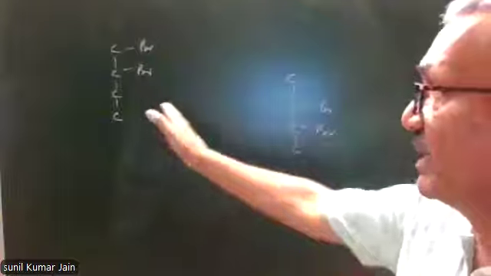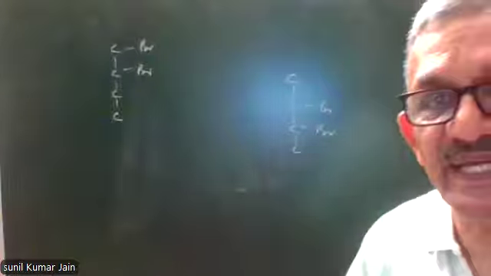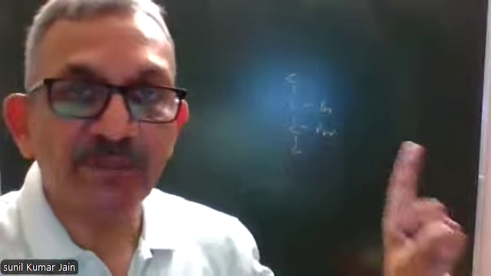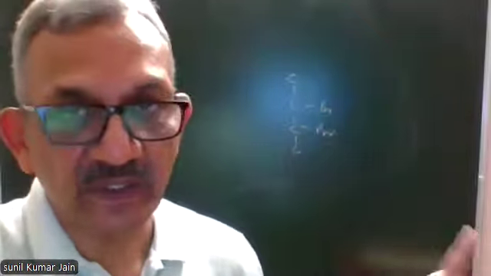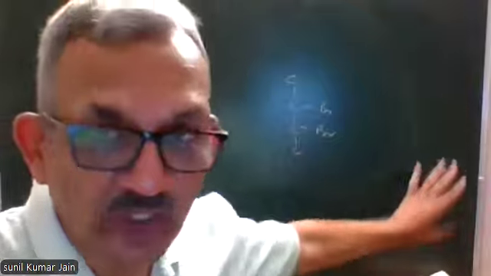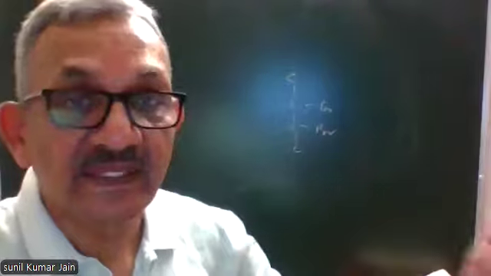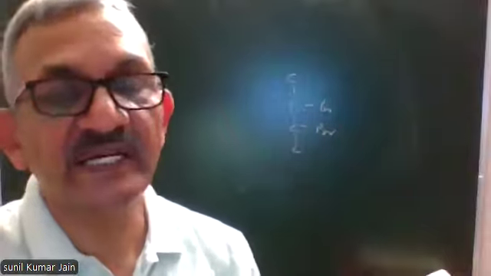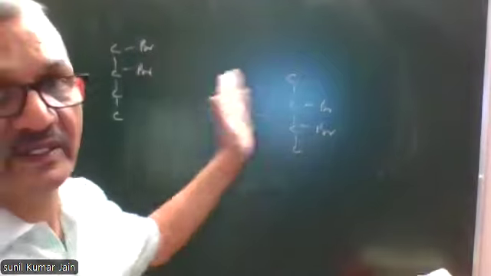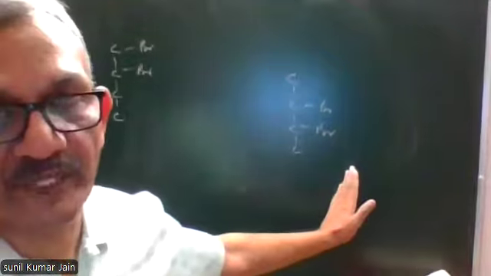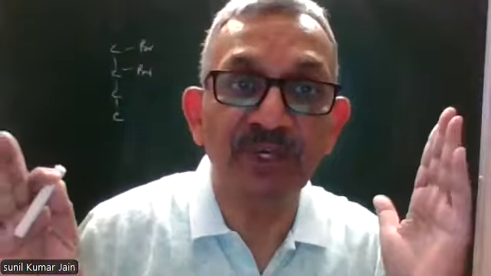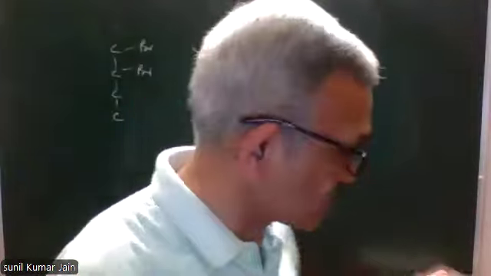Therefore, common name butylene dihalide is not used for them, but yes, they belong to vicinal dihalide. Definitely, their IUPAC names are different. This is 1,2-dibromobutane. This is 2,3-dibromobutane, right? So no common name for them, but they belong to vicinal dihalides.